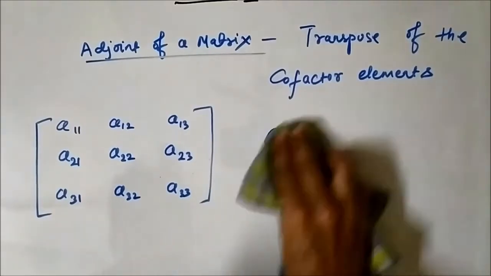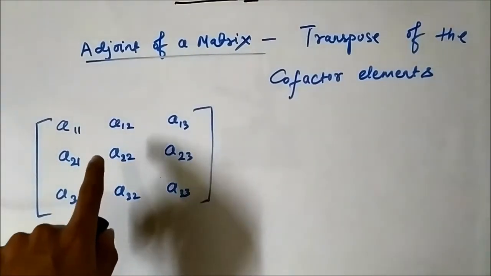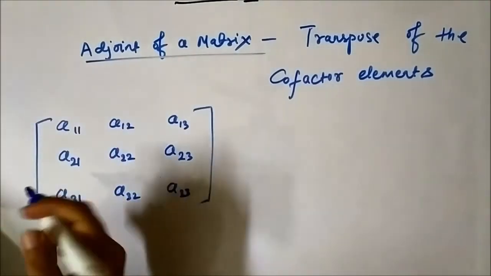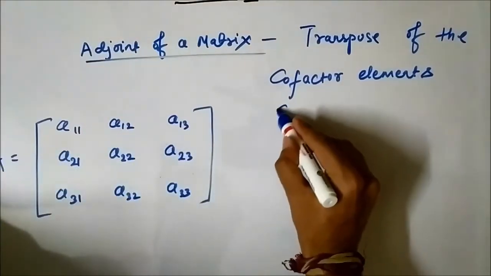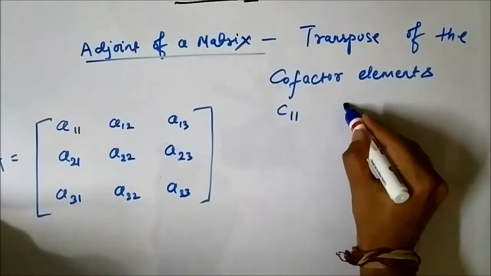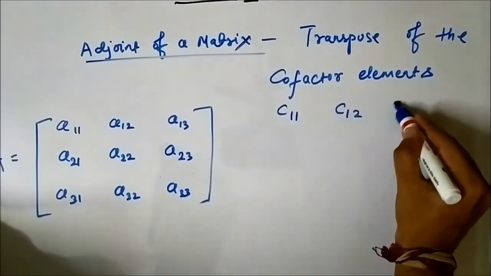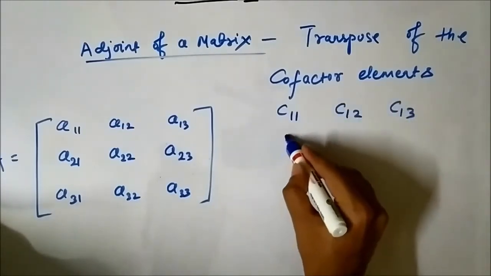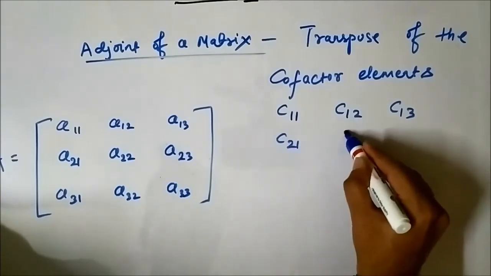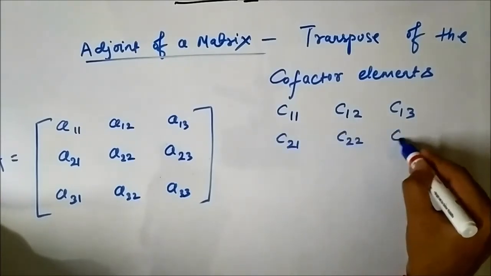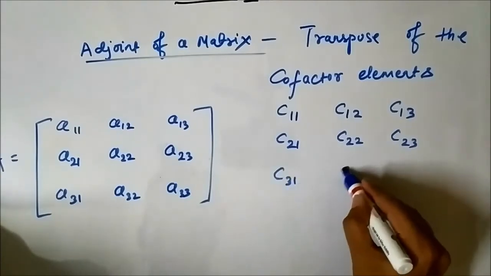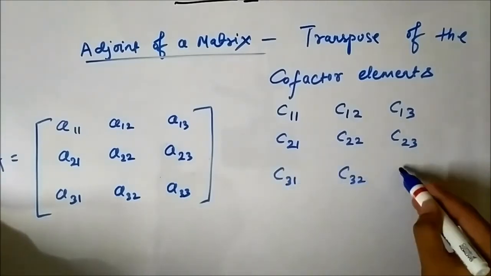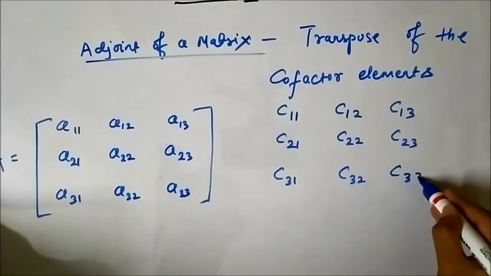So let's say the cofactor matrix of this matrix, let's say A, is this: C11, C12, C13, C21, C22, C23, C31, C32, C33.